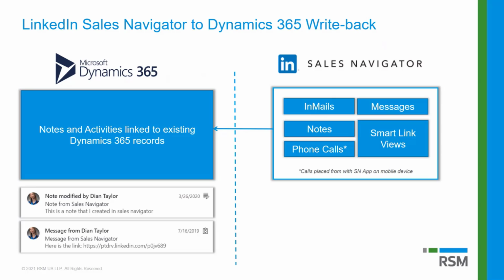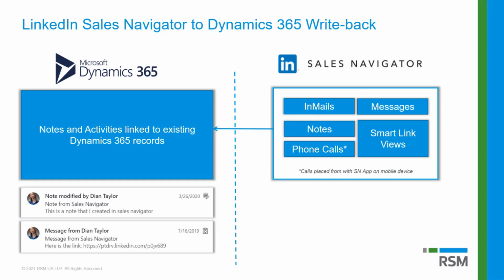And then you're also going to have the ability to create notes in Sales Navigator. You're again going to see a copy to CRM slider. The only difference here is that notes that are created or updated in Dynamics 365 will not synchronize back to Sales Navigator, right? So again, this is just LinkedIn Sales Navigator to Dynamics 365. And then there's also a mobile app for Sales Navigator.